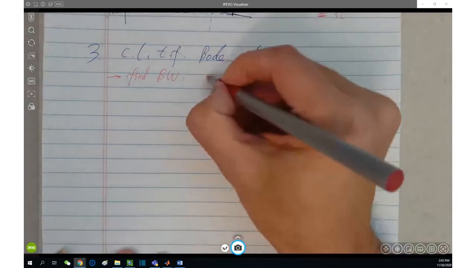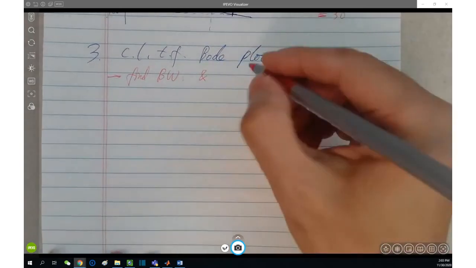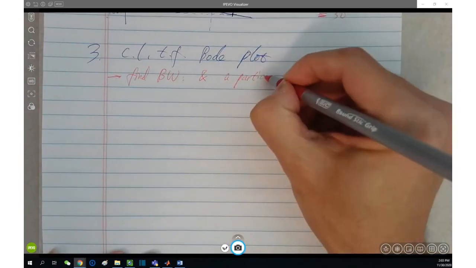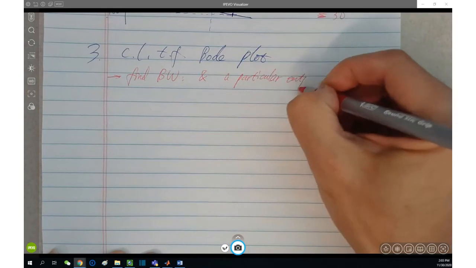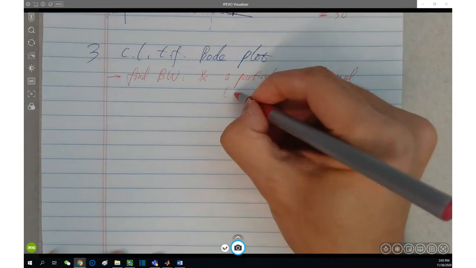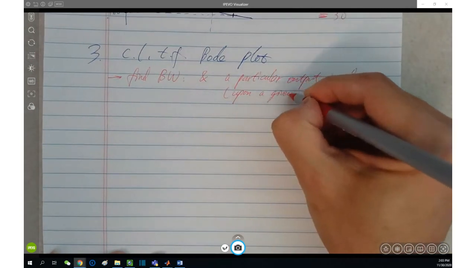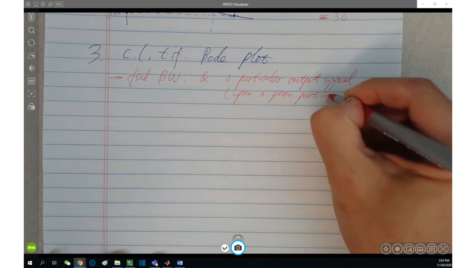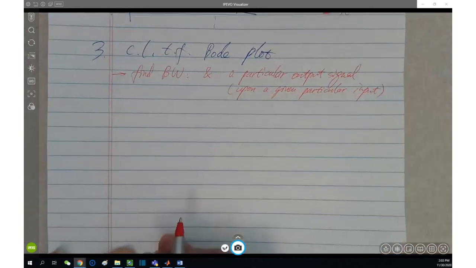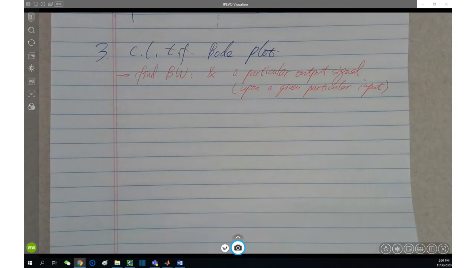And what else? There's one more thing we can find. That's very interesting: find a particular output signal upon a given particular input. In other words, given a specified input signal, we are able to find the corresponding particular output signal.